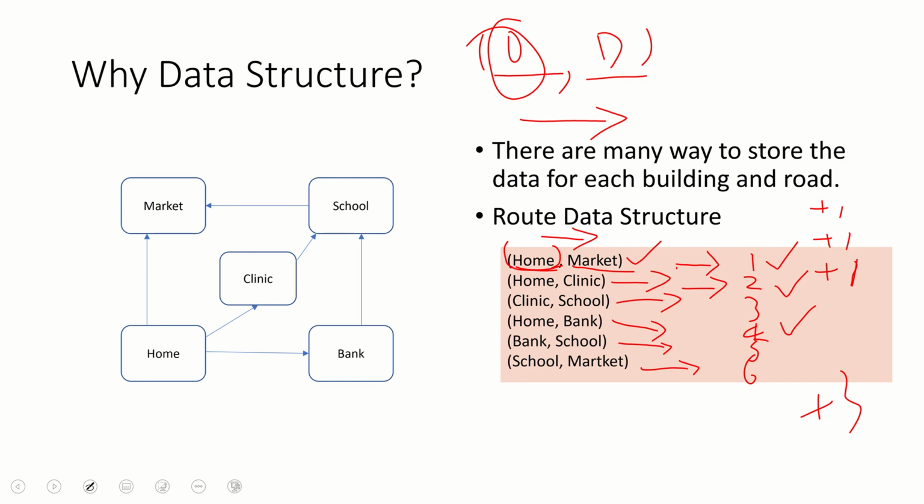Okay, but there's a problem. If you want to do these operations, you have to read every item in this data structure. You cannot stop here. Why can't you stop here?